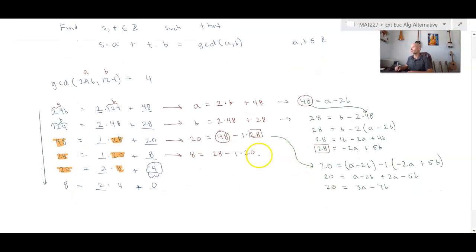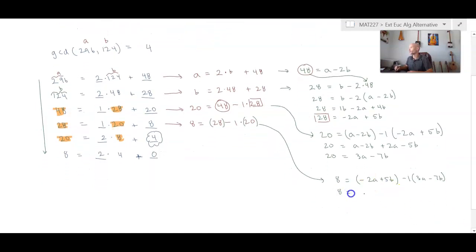And so I'm just going to carry this down here. And so we have 8 is equal to 28. Okay, 28 is equal to negative 2a plus 5b. So all I've done there is just replaced 28 with what it is equal to. Minus 1 times 20, well 20 is equal to 3a minus 7b.